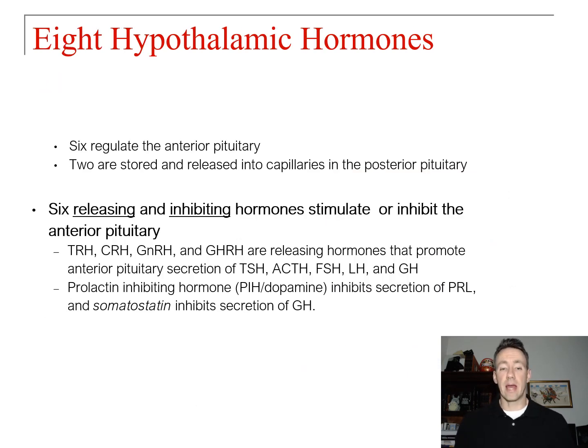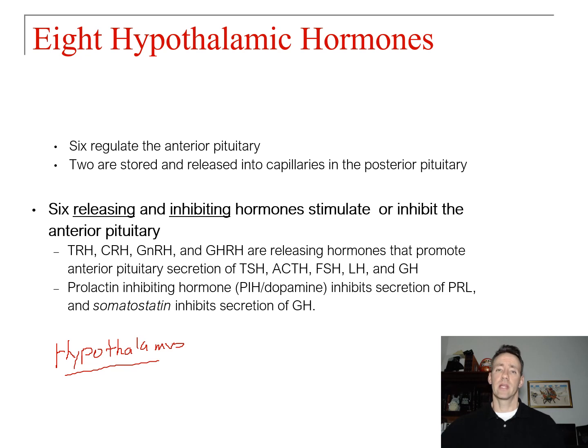So we talked about the hormones from the anterior pituitary and posterior pituitary, but in the hypothalamus, we also have other hormones that generally, if it's coming from the hypothalamus, will have "releasing" in their name.